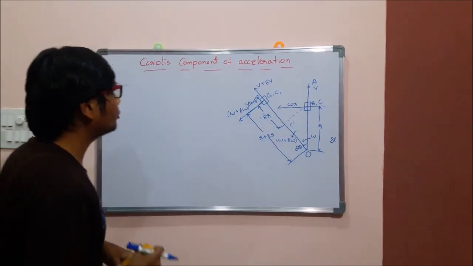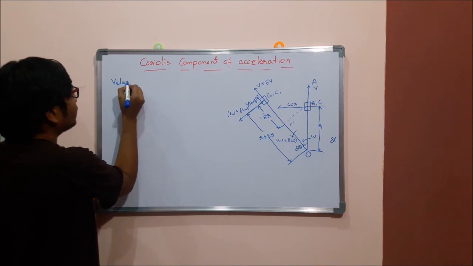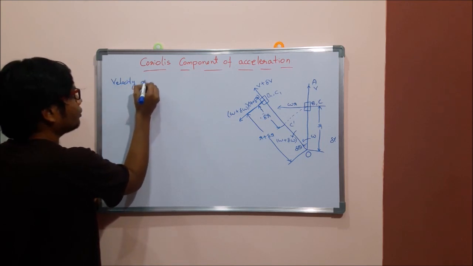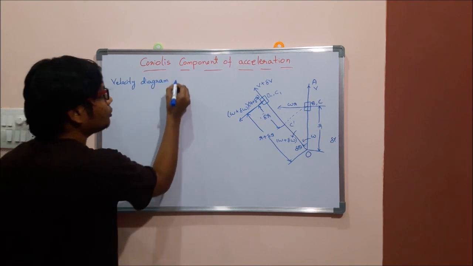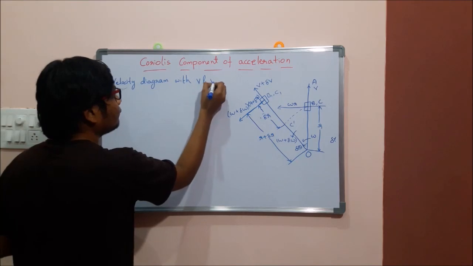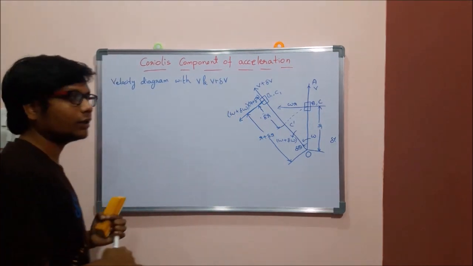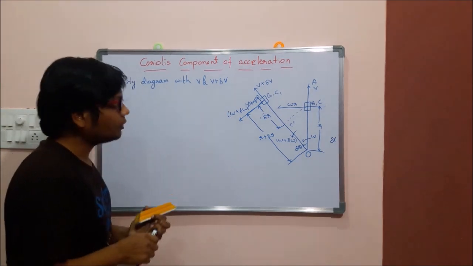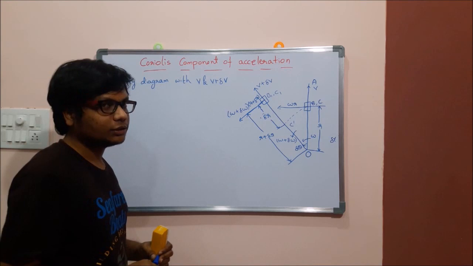First I want to take the help of the velocity diagram. Initially I want to consider v and v plus delta v. These are the two components I would like to consider, and we have to take the change in velocity, because ultimately we have to know what the change in velocity is.